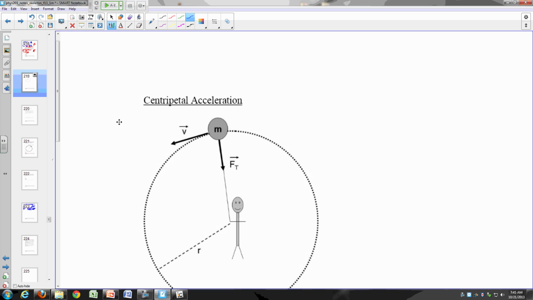Why? Because it's always changing direction. There is an acceleration towards the center of the path, but it's because the direction is always changing. So even if it's traveling at a constant speed, its velocity is still changing at a constant rate, not because the magnitude of the velocity is changing, but because the direction is changing. That type of acceleration we call the centripetal acceleration.